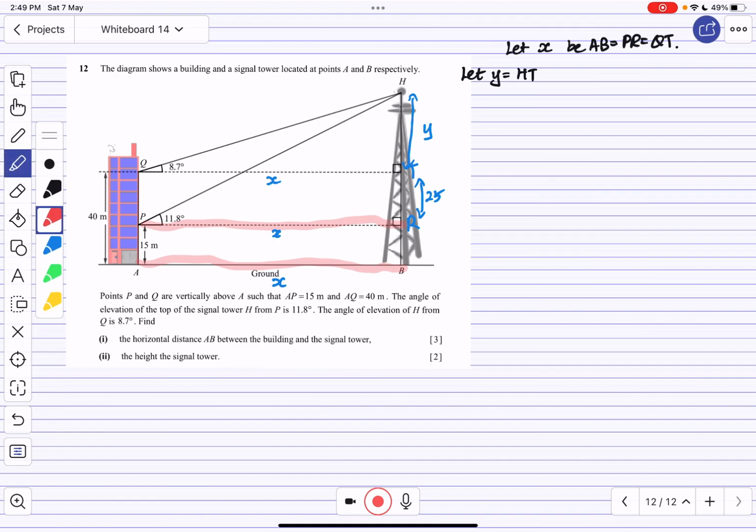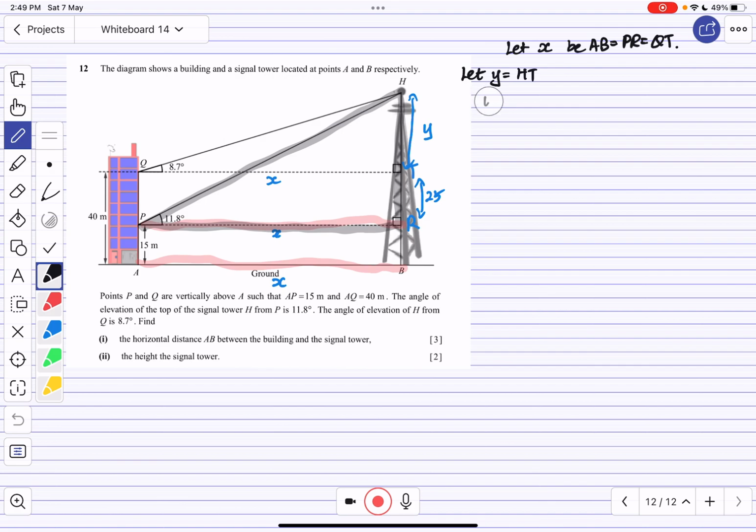The next part, I'm going to look at this triangle, PHR. Using triangle PHR, I can say that tangent of 11.8 degrees is equal to Y plus 25 over X. Let me call this equation 1.